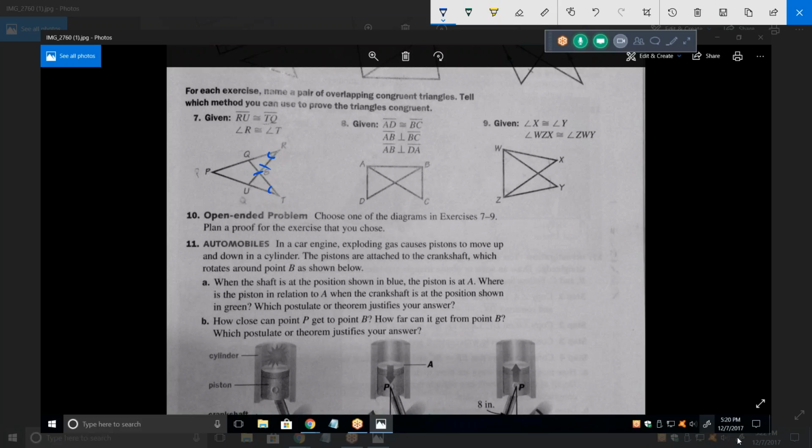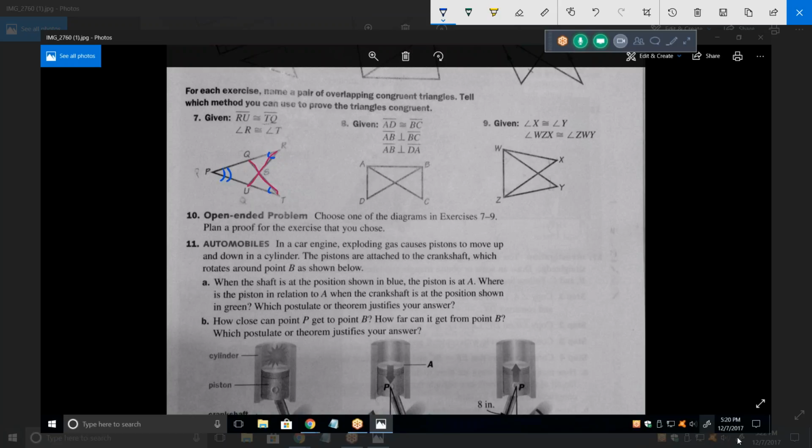Okay, so what other angle? Let me take that out of there. That's a little confusing. We know those two sides are the same. Let me draw them in red, rather than use a hash mark, which makes it more confusing. So those two are the same. What other angle is the same? Well, P is the same for both.